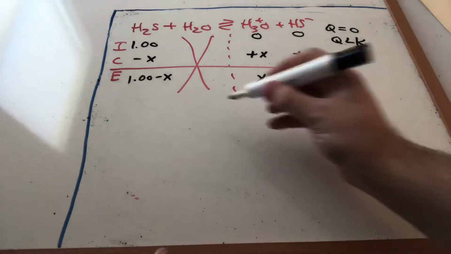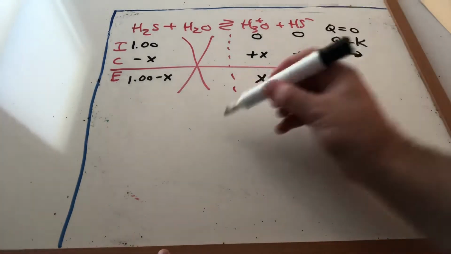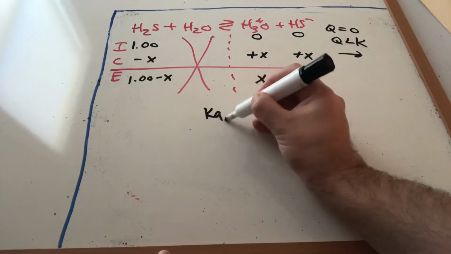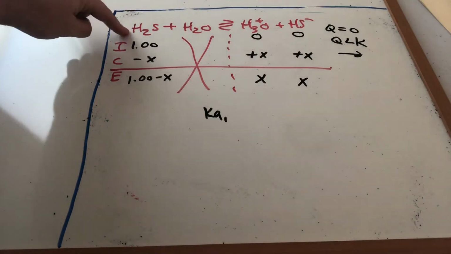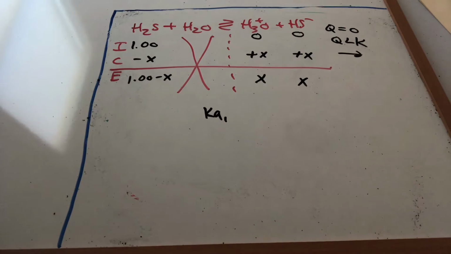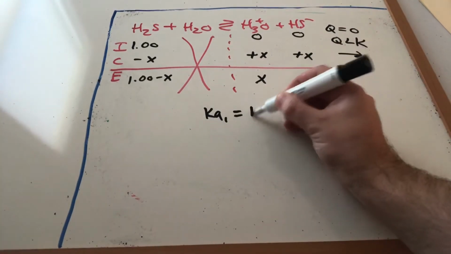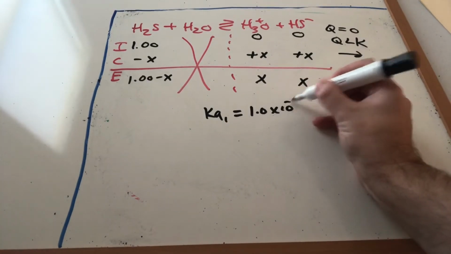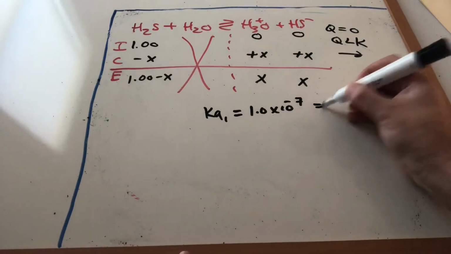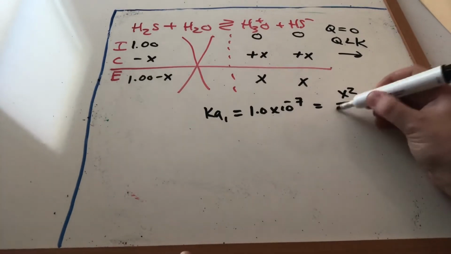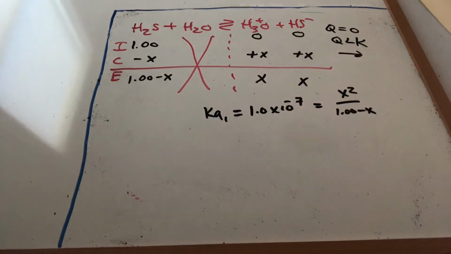Building our K expression, we remind ourselves, this is the first H coming off. This chemistry is the first H coming off of that structure. So I'm going to use Ka1. Ka1 was given as 1.0 times 10 to the minus 7th. This is going to be equal to X squared divided by 1.00 minus X. Again, we have a candidate for the 5% rule, and we can do our check.